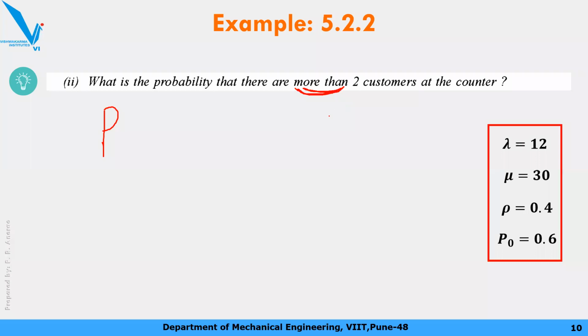We had a formula for P2, the probability of exactly two customers at the counter, in the system. But we haven't seen a formula to calculate more than two customers. We have seen the formulas for P0, P1, P2, P3, P4 and up to P infinity, so we could calculate Pn.